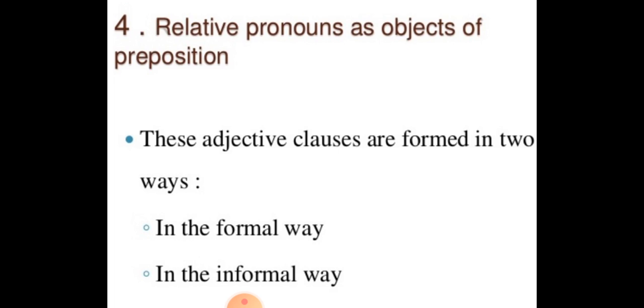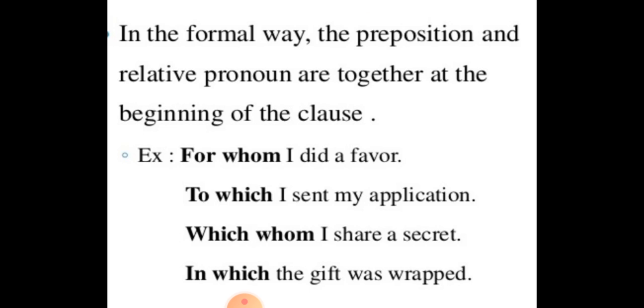Now these adjective clauses they can be used in two ways, ठीक है। जब हम relative pronoun को as a object of preposition use करते हैं तो दो ways में use कर सकते हैं, in a formal way और in an informal way. Formal way में preposition and relative pronoun they are together at the beginning of the clause, okay, एक साथ होंगे together. For example, for whom I did a favor. Now here for whom I did a favor.